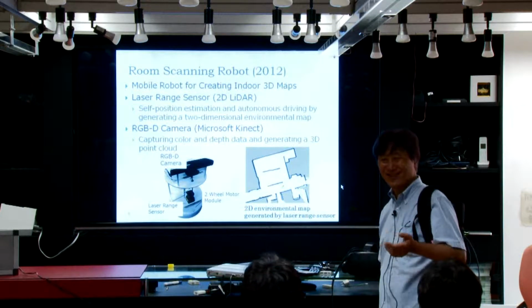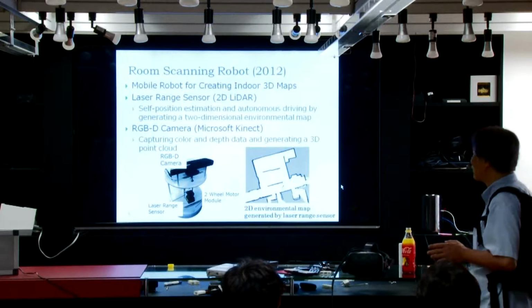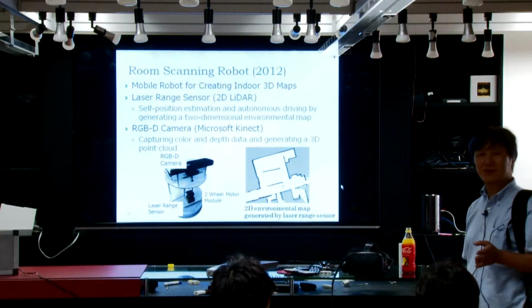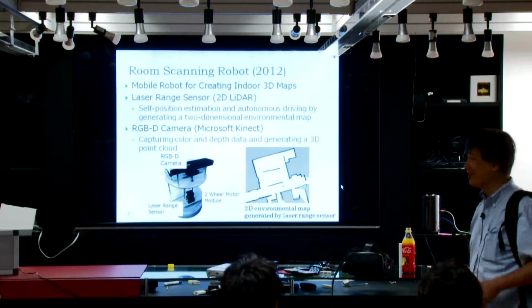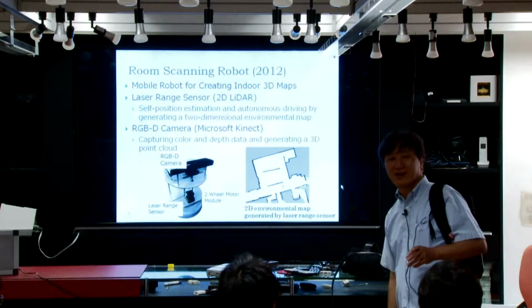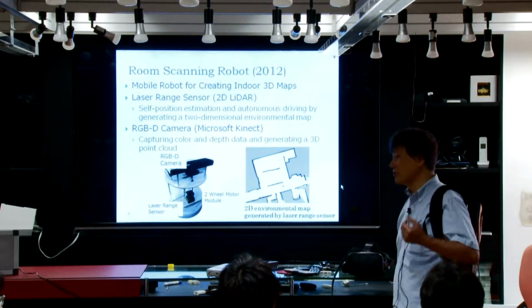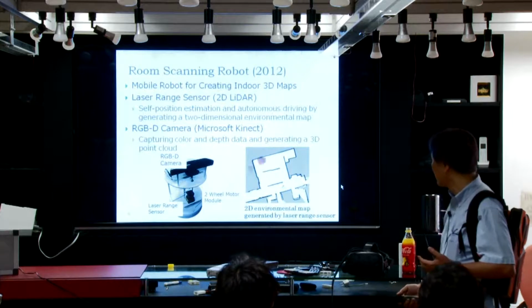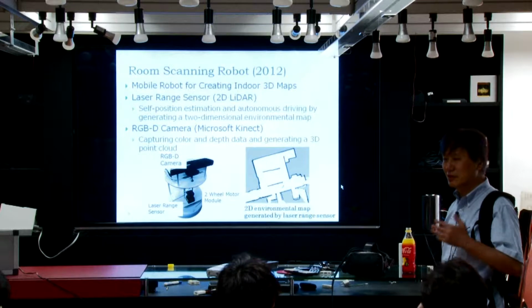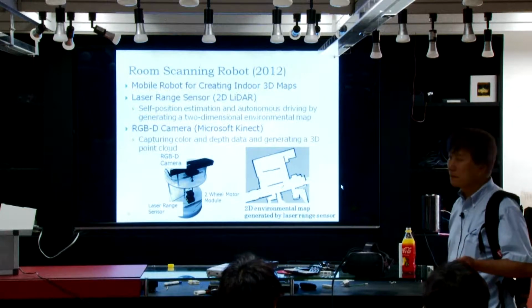No? It is called SLAM, simultaneous localization and mapping. Have you ever heard that term? No? Okay. Have you ever heard of ROS? No? Robot Operating System. It's a basic function. ROS has the SLAM technique already implemented, so you can easily use this kind of technology using ROS.